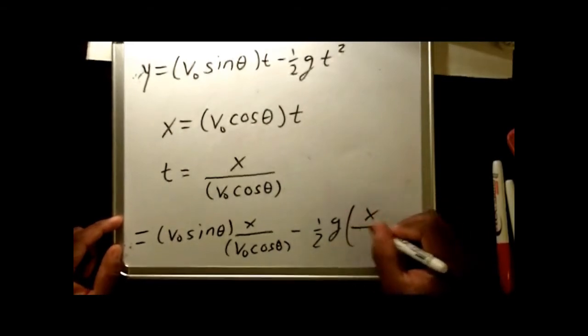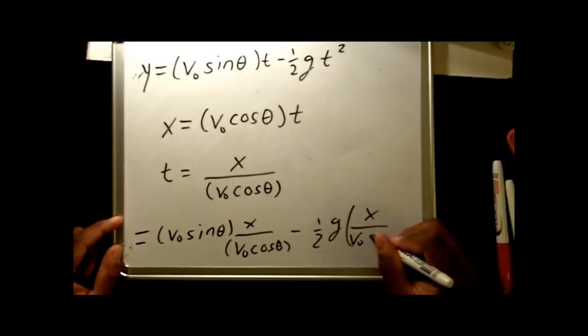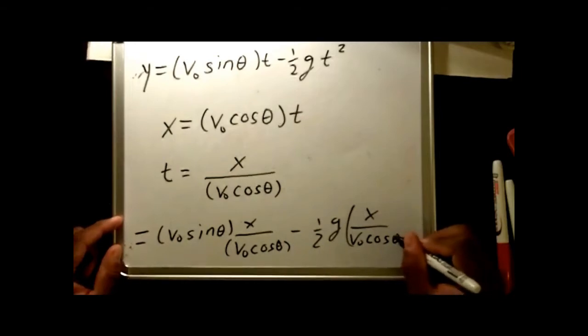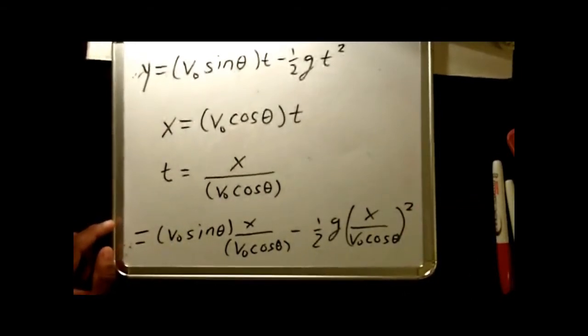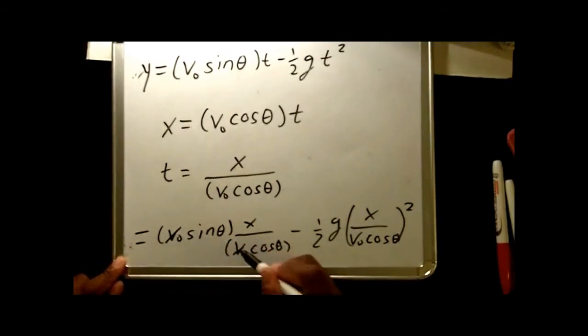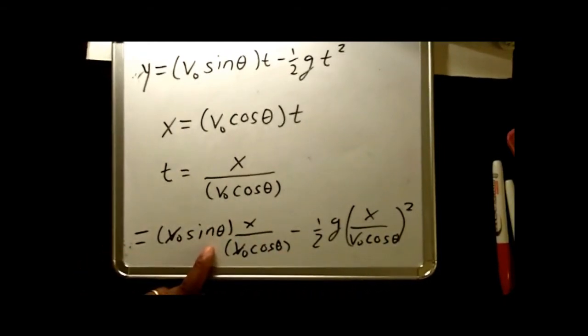Put this in. This is all squared. Now you can clean this one up a little bit, and you can change this into a tangent. See, these v's right here cancel out, and the sine of an angle over the cosine of an angle equals tangent.